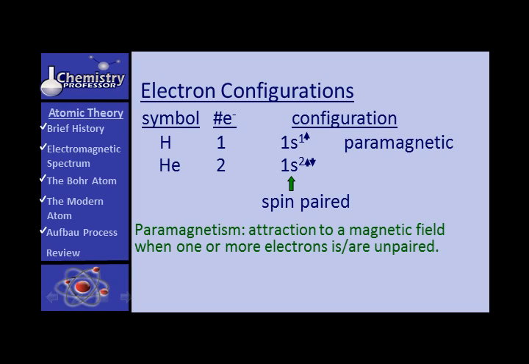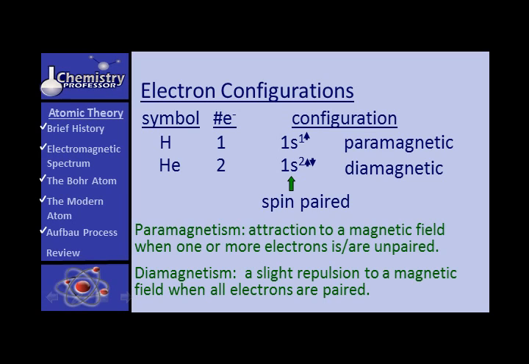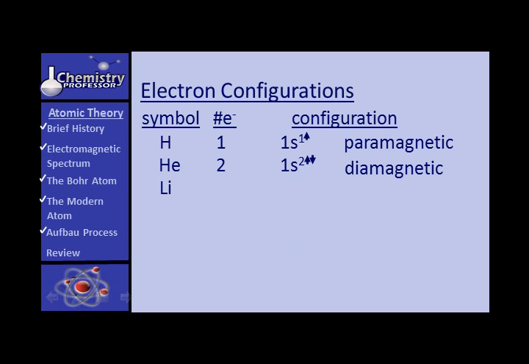What is the other case called when everything is spin paired? It is called diamagnetic. Diamagnetism is a slight repulsion to a magnetic field that occurs when all of the electrons are paired. There's a lab that we can do to determine how electron configurations go that uses this quality of paramagnetism.